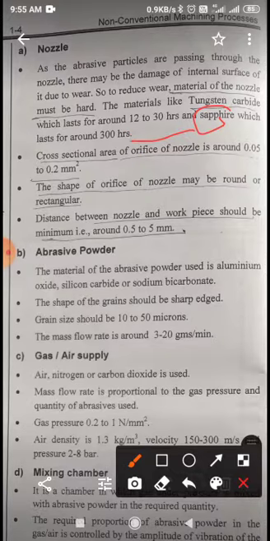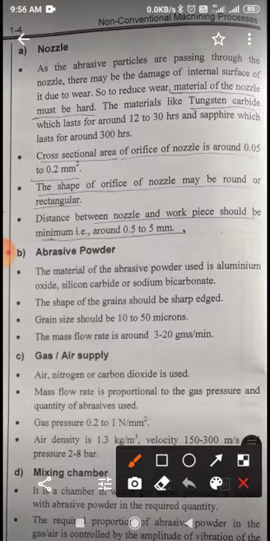These are the harder materials for passing the abrasives. The cross-section area of the nozzle is around 0.05 to 0.2 millimeter square. The shape of the orifice of the nozzle may be round or rectangular. These are the things that you must keep in mind about the nozzle.